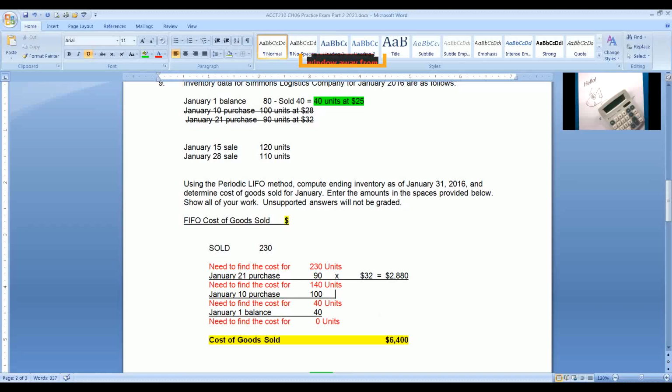This one, I should have just left it because that one's gonna be the same. $28.